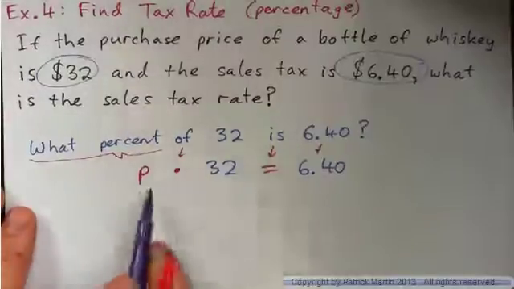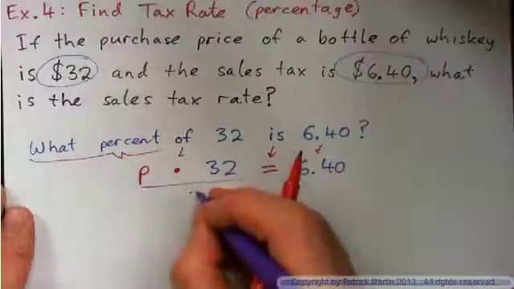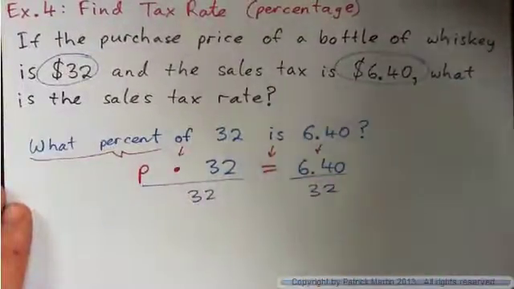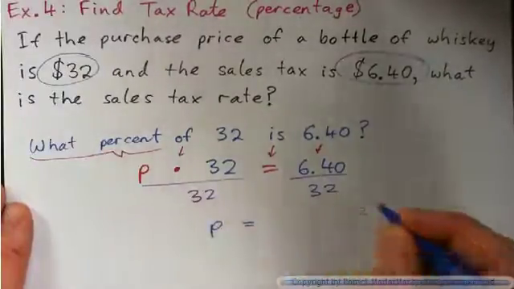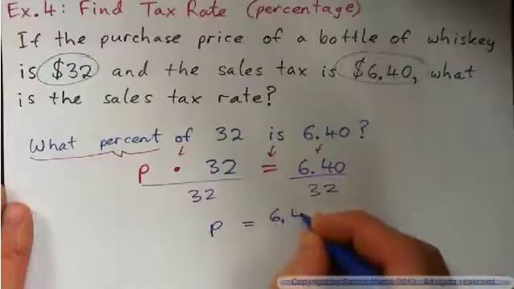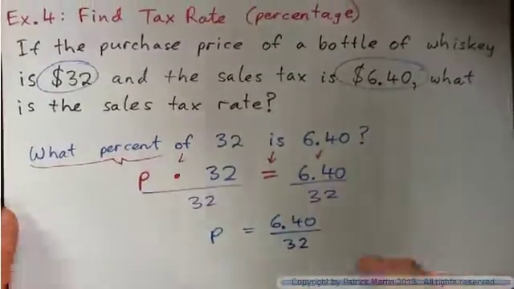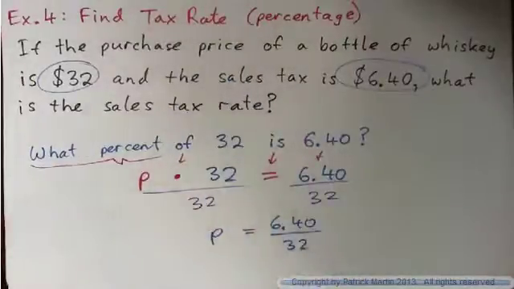How do you get P by itself? P has been multiplied by 32. You have to divide by 32 on both sides, right? So what we get is P equals 6.40 over 32. And we're looking for this tax rate or percentage. P is a percentage. That's why I put in the letter P for percent.